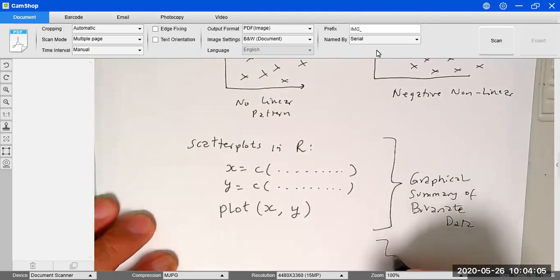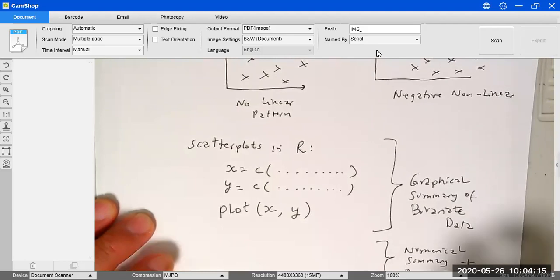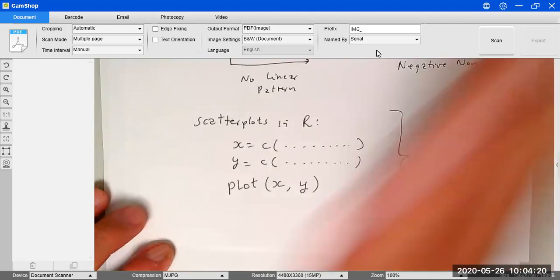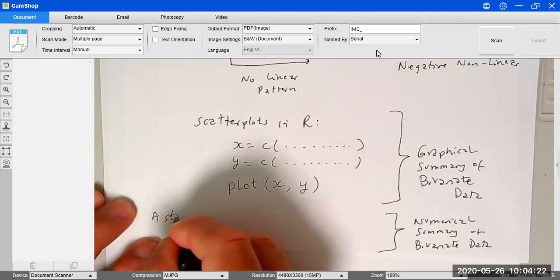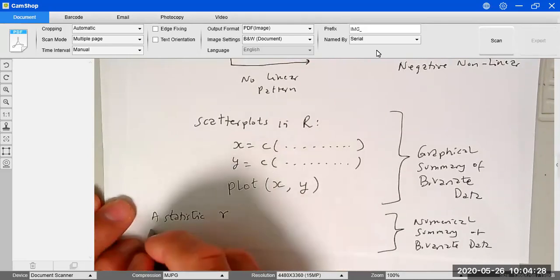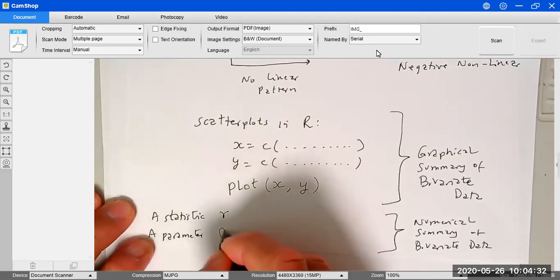Now, for a numerical summary of bivariate data, we're going to use a statistic R, or a parameter if you are working with a population, rho.